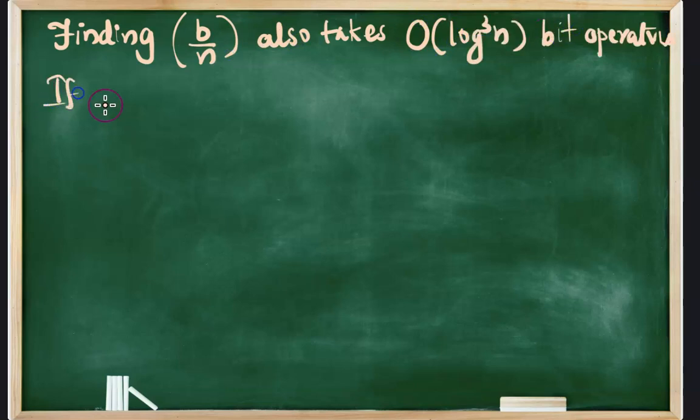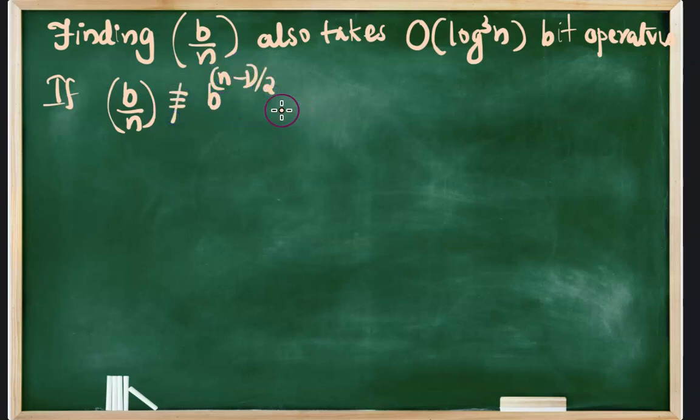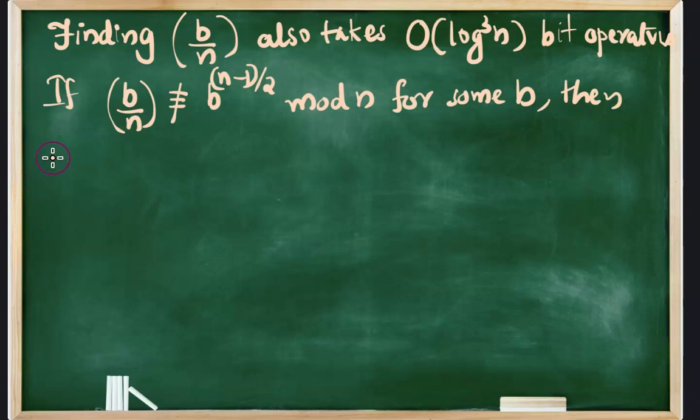If these two values, that is the Jacobi symbol (b/n) and b raised to (n-1)/2, are not congruent modulo n for some b, then we can conclude that n is composite and we can terminate the primality test.